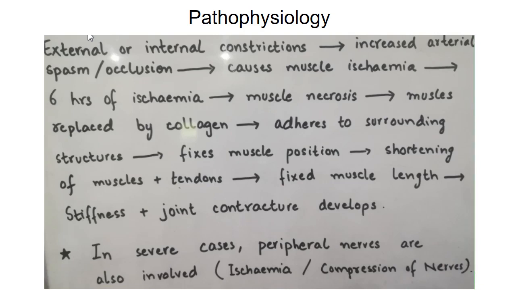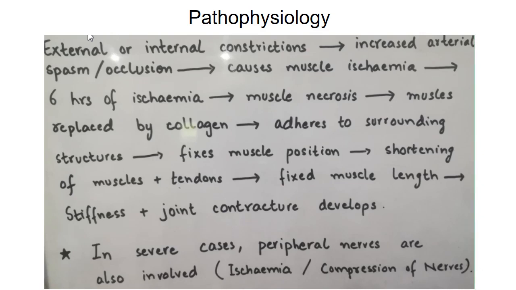But if the brachial artery is occluded completely and suddenly, then this periarticular anastomosis around the elbow joint is unable to maintain the blood flow to the muscles of the forearm and hand.